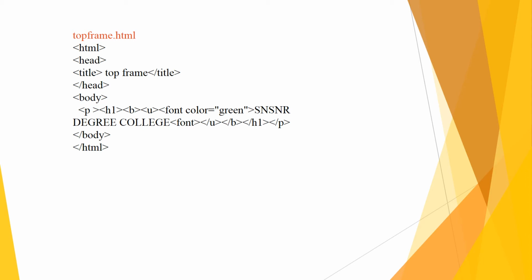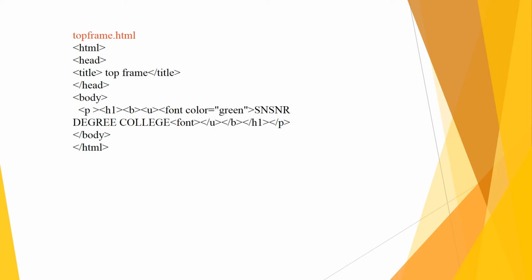Let us see an example for this frameset tag as well as the frame tag. Before using the frameset and frame tags, I am writing three HTML documents for separate frames.